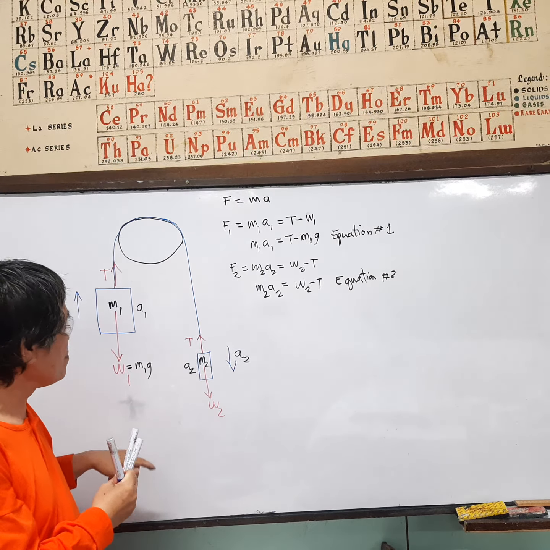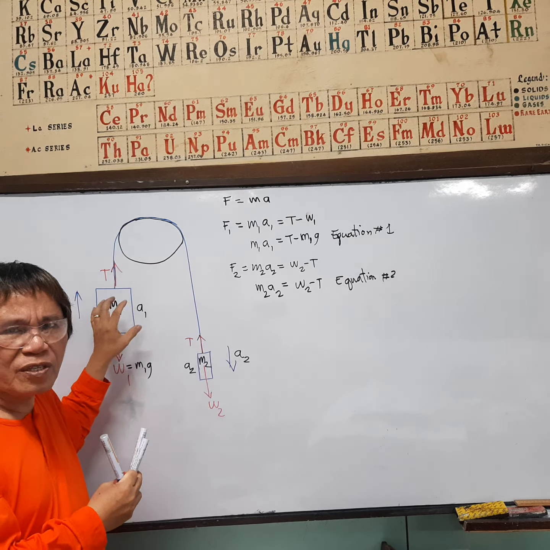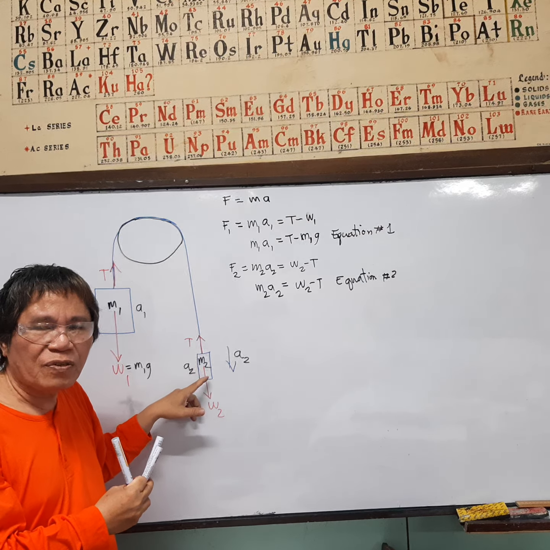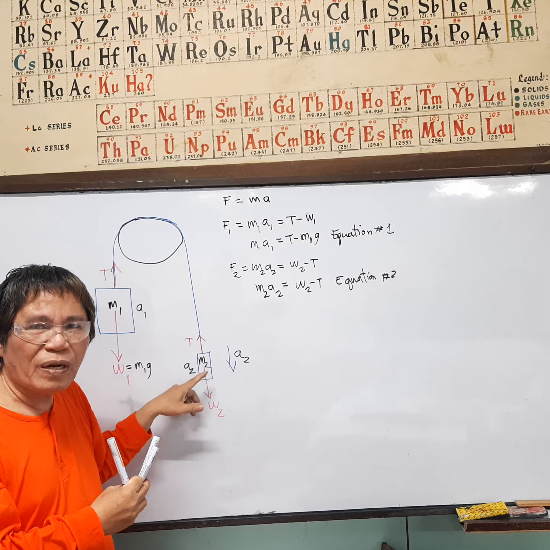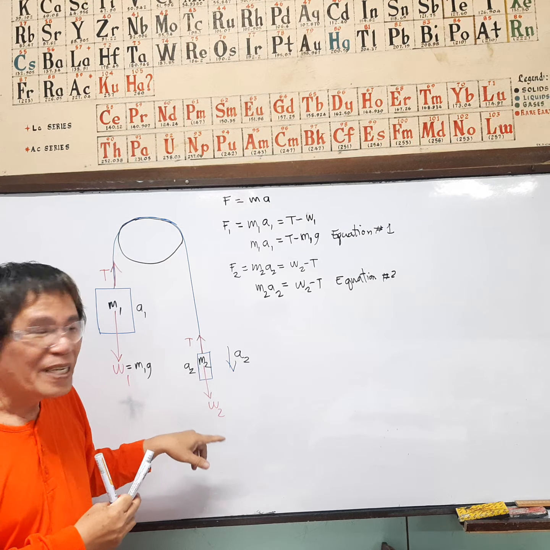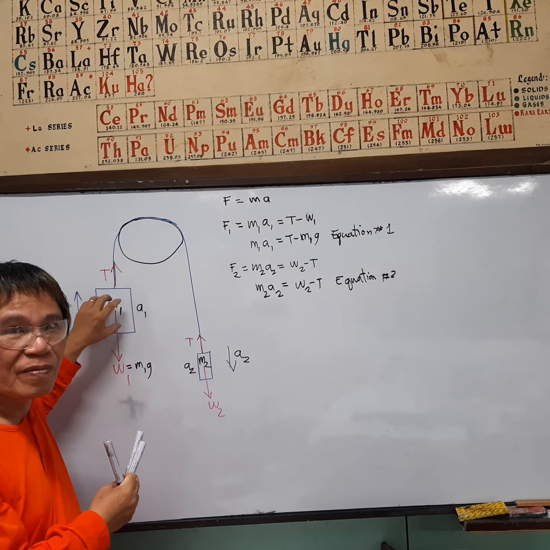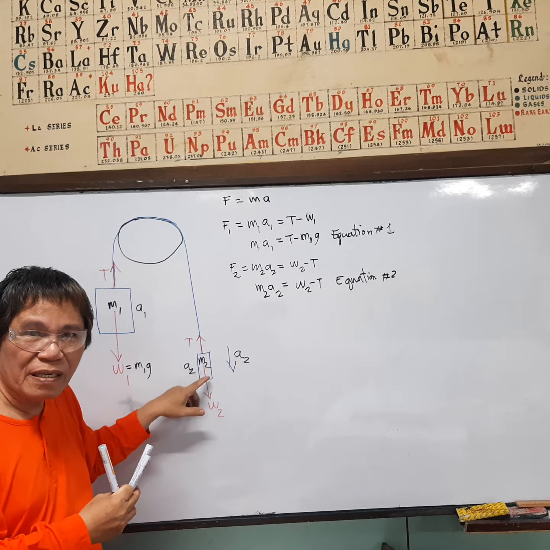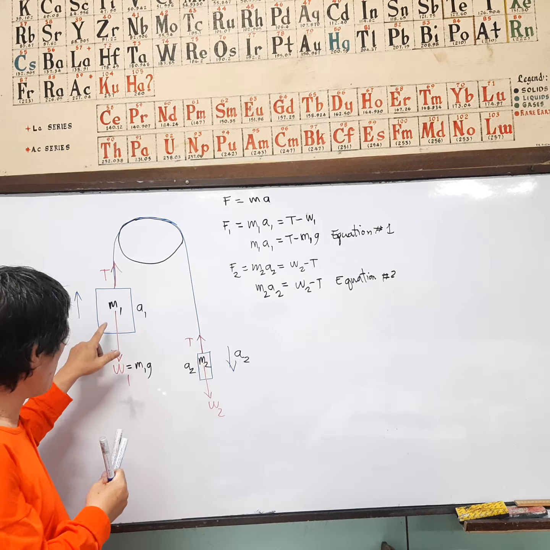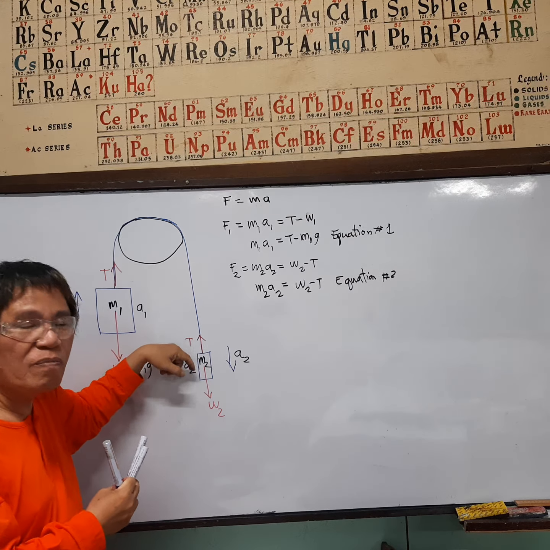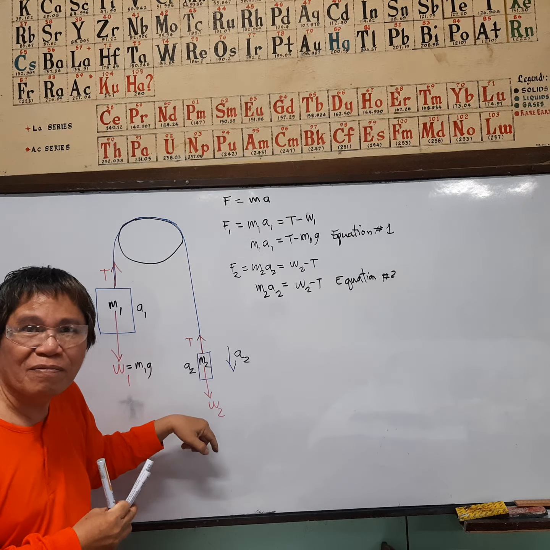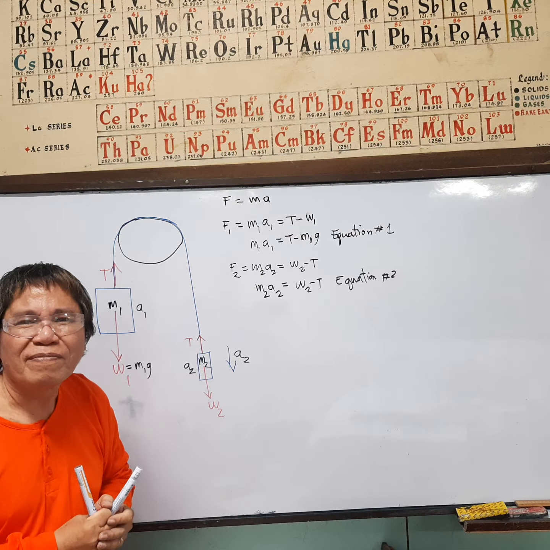Now, when this one moves slowly up, what happens to this one? This one will also move slowly down. If this will stop, what do you think will happen to this one? This will also stop. If this one moves faster, this one will move faster down. Slower up, slower down. Why is it so?